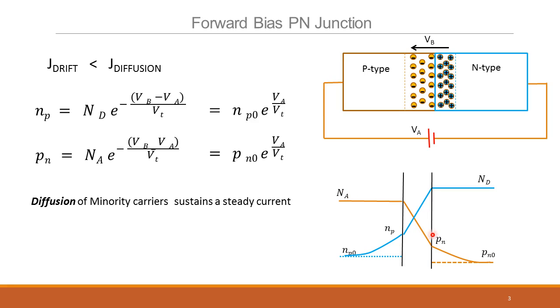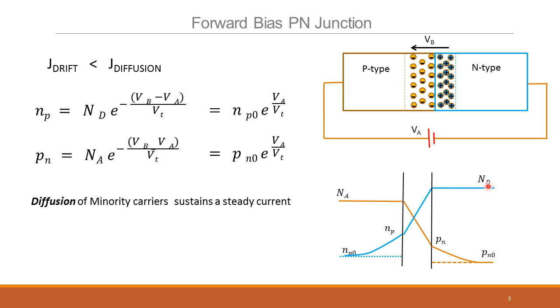So there is a carrier gradient in the body of the semiconductor, both here and here. And when this happens, and there is no electric field to oppose this, there is going to be diffusion current. The diffusion current is dominated by the minority carrier concentration gradient here. And where does this minority carrier come from as it flows? It is supplied from the other side, through the depletion region.